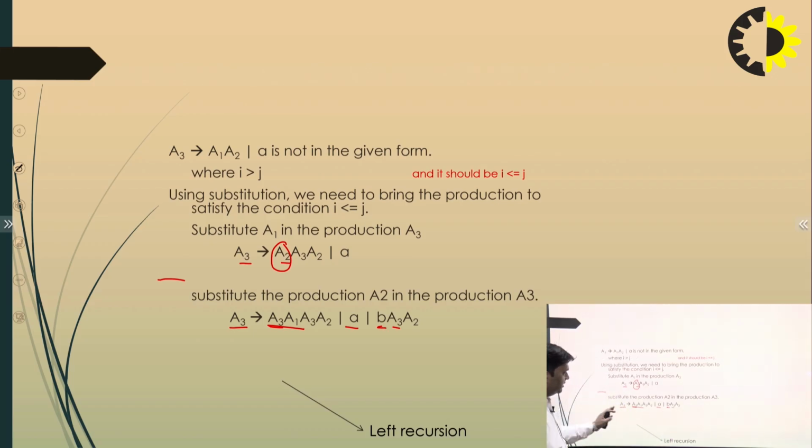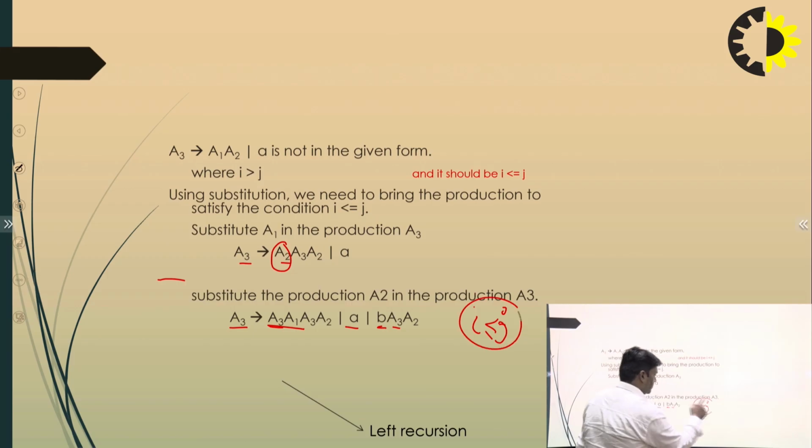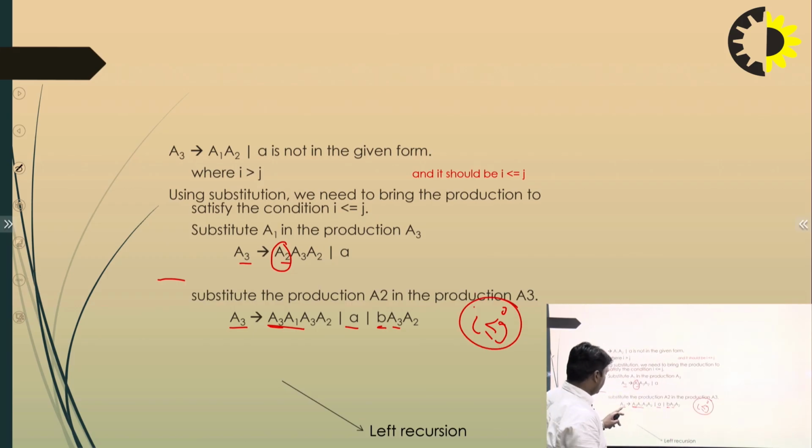This is not yet in GNF, but the condition is fulfilled: i equals 3 and j equals 3, so the condition i less than or equal to j is satisfied.